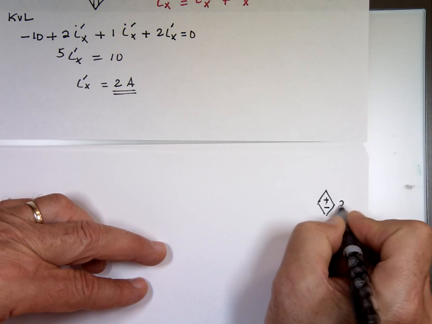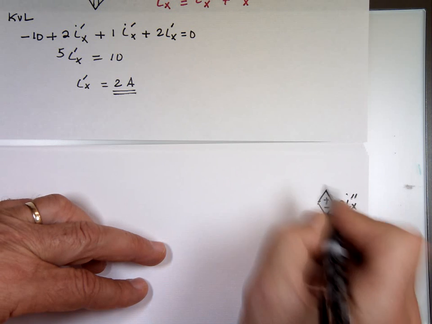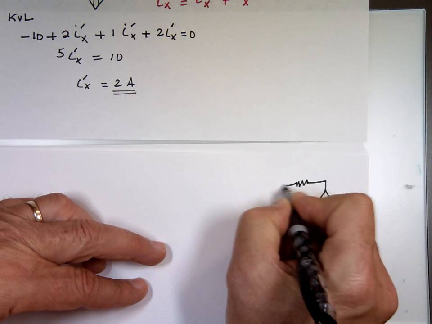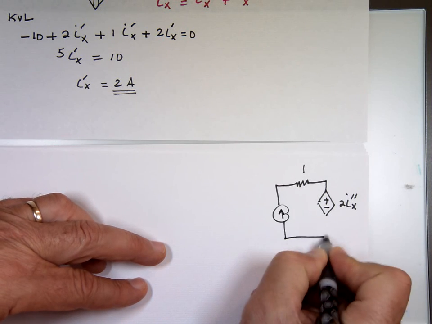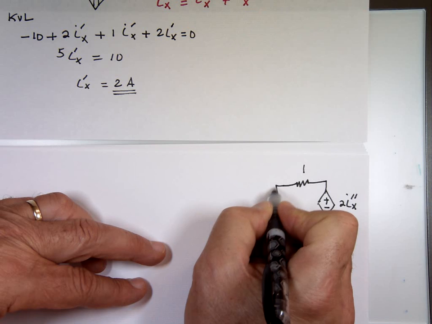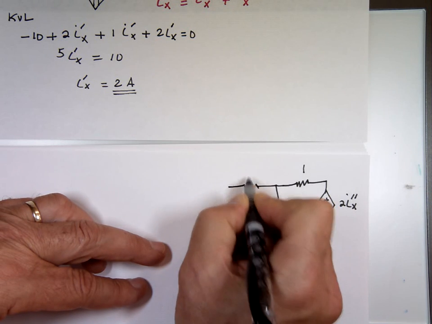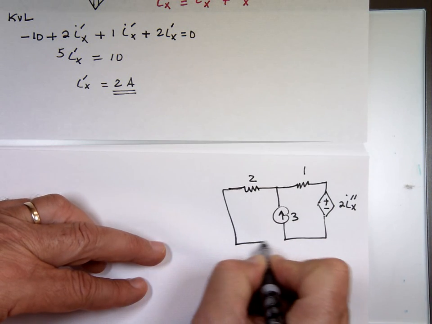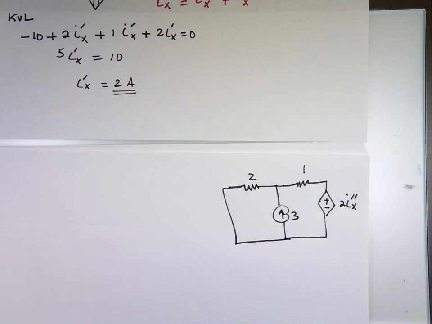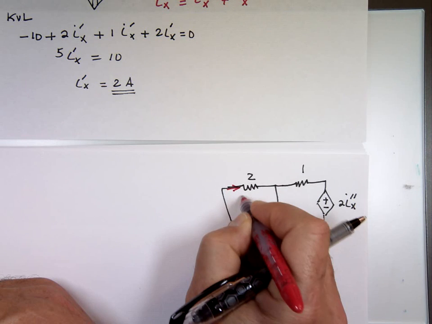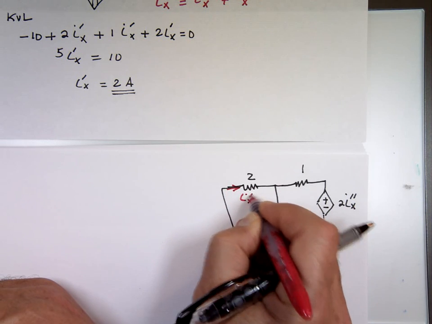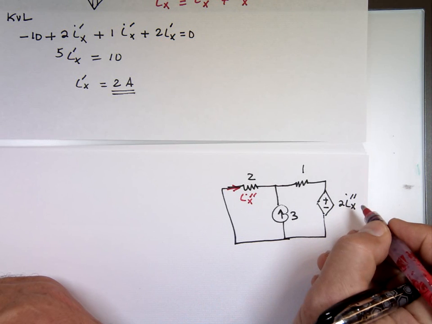Two I sub x double bar, 1, and you can use any method here you want to use. And this is I sub x bar. Double bar, I guess, right? This is 3 volt, okay.